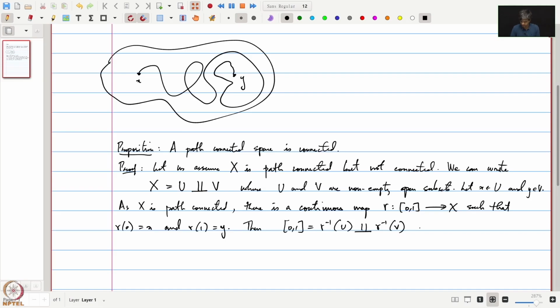And 0 is in gamma inverse U because gamma of 0 is equal to X, which is in U, and 1 belongs to gamma inverse of V. And both these are open, so thus we have written [0,1] as a disjoint union of non-empty open subsets.